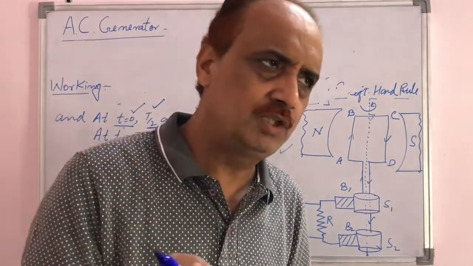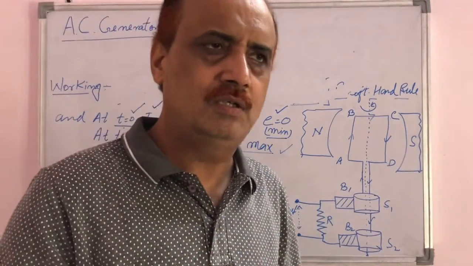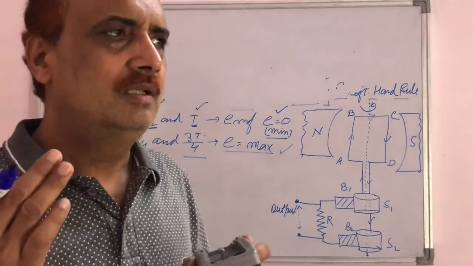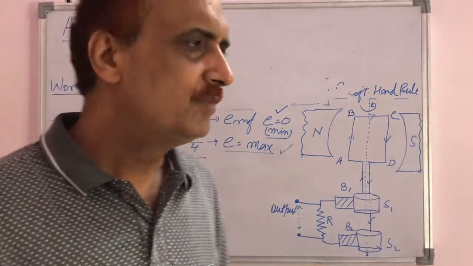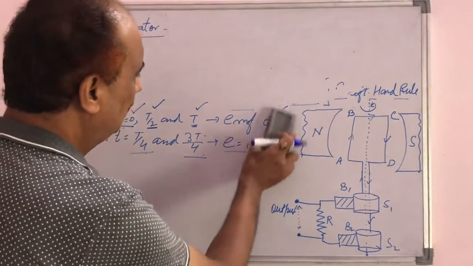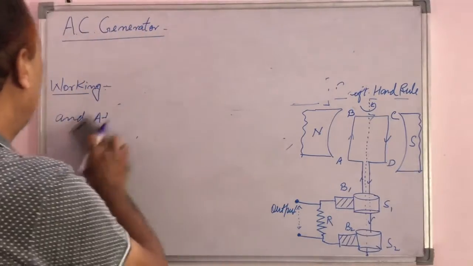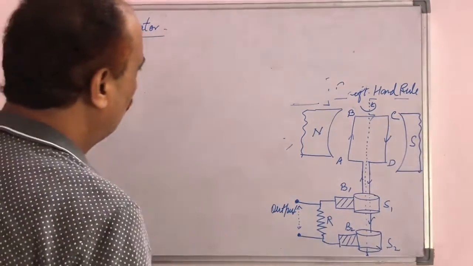In the vertical situation EMF is always 0, and in the horizontal position the maximum EMF is produced in the coil. So this is the working part, and next is the mathematical part: how much EMF is produced in the coil. So we have to make a small diagram.